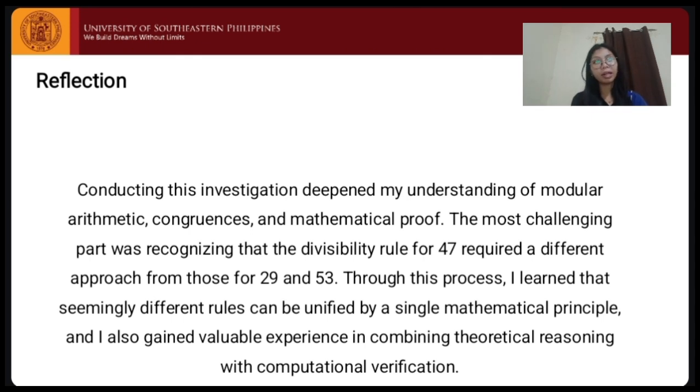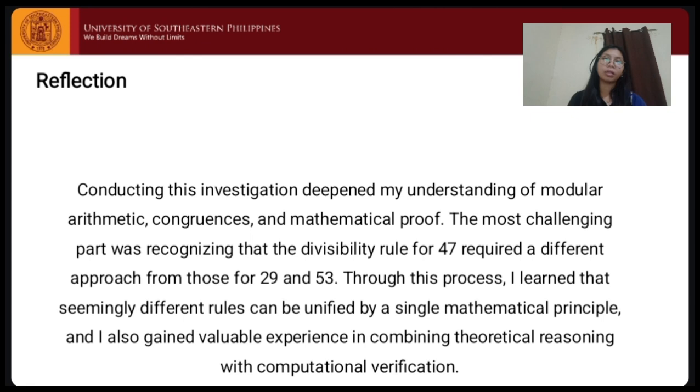Through further analysis, we realized that using the complement of the inverse produces a much smaller multiplier, leading to the subtraction form. This experience taught us that different-looking divisibility rules can actually be explained by one underlying mathematical principle. Another valuable lesson was seeing how theoretical mathematics and technology complement each other, while the formal proof established that the theorem is always true.